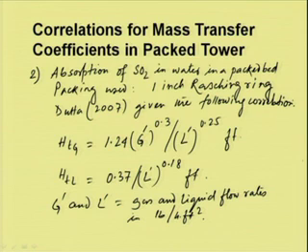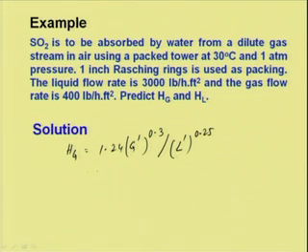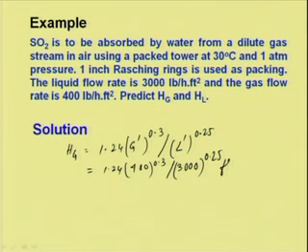So, Hg is equal to 1.24 G dash to the power 0.3 divided by L dash to the power 0.25, which is equal to 1.24 times G dash is 400 pound per hour feet square to the power 0.3 divided by liquid flow rate 3000 to the power 0.25, this much feet. So, it is equal to 1.01 feet.